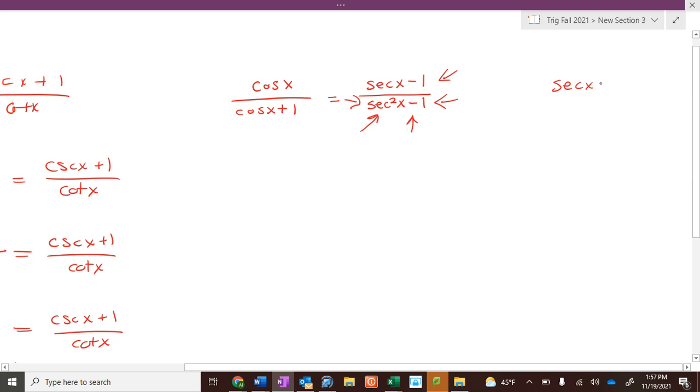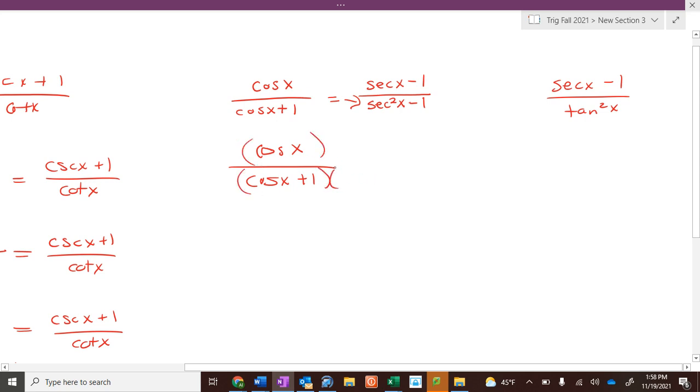So this is really secant of x minus 1 over tangent squared of x on this side. So I need a minus sign on the top. I have a plus sign on the bottom. So what does that basically tell me at the start of the problem? I have to multiply it by its conjugate. What's the conjugate of cosine of x plus 1? Cosine of x minus 1.